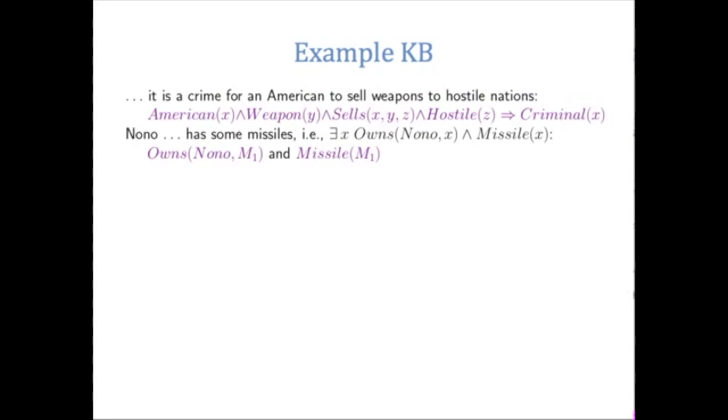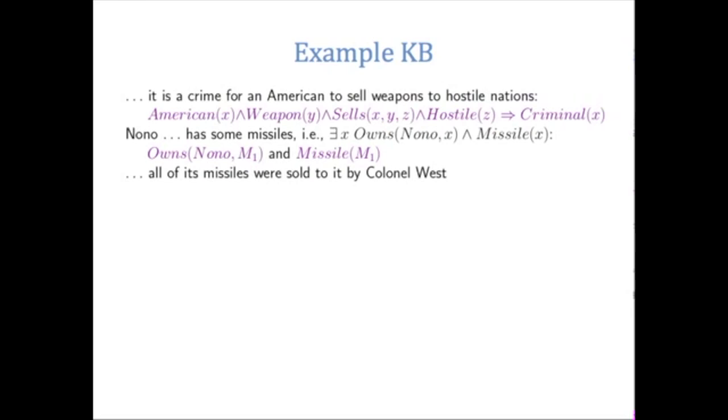So we'll have owns Nono M1, where M1 is some skolemized constant. We don't know what missile it is. It's just like the crown in the earlier example. And M1 is a missile. Because we have the Skolem constant M1, we know that M1 is a missile, and that's the missile that Nono owns. We just don't know which missile it is, but we know it exists.